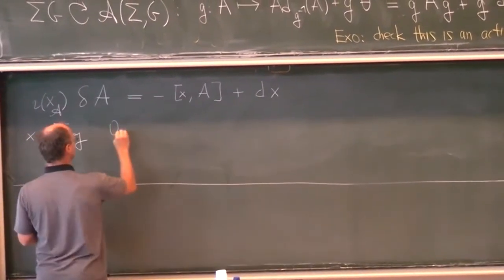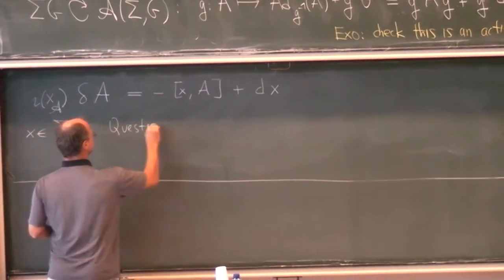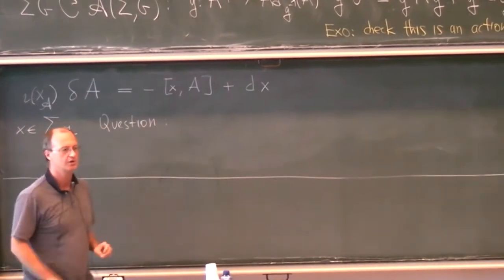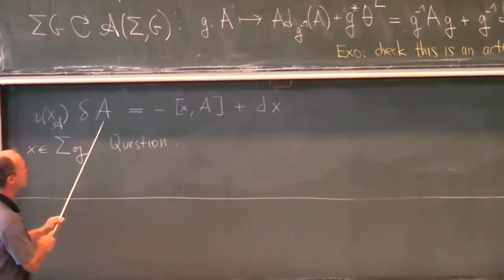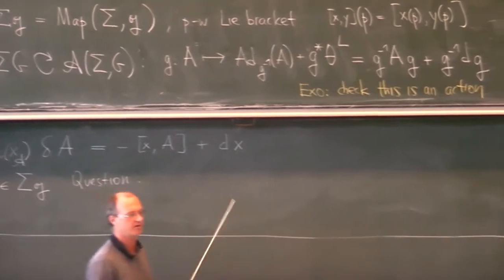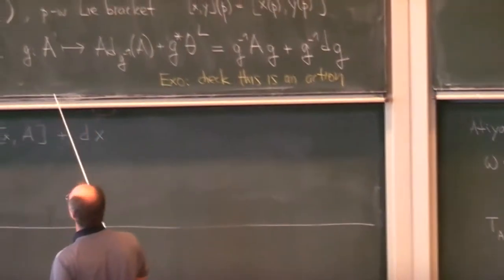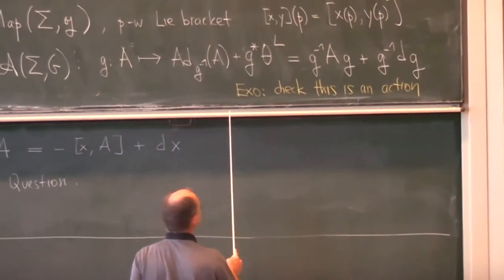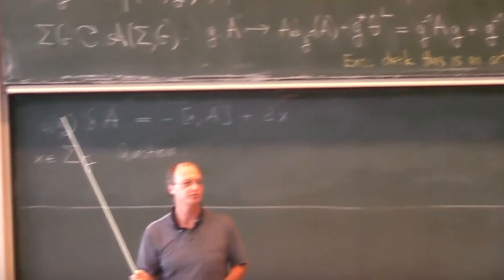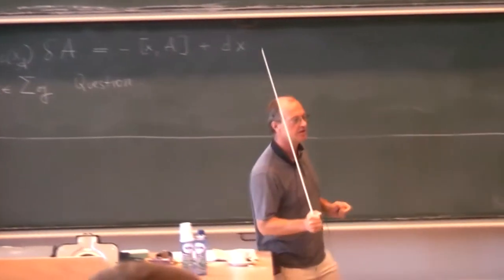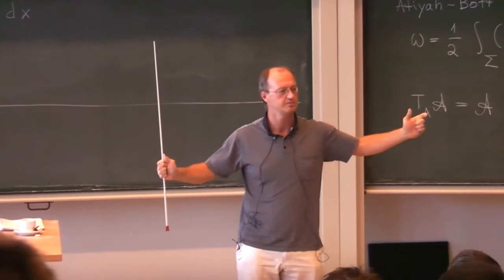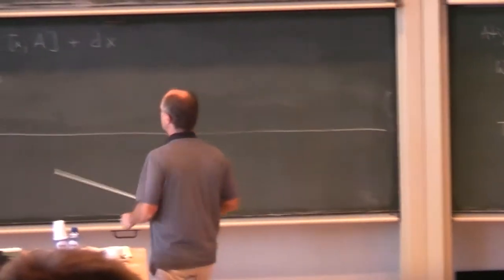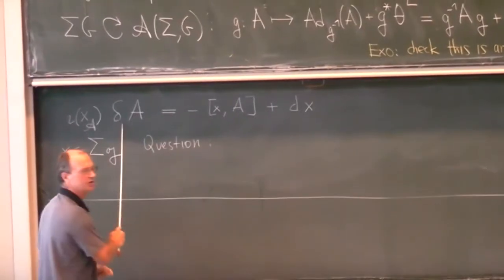Now, a question: what do you mean by delta A there? Delta A, right, so A is an element of my vector space, capital A. I declared, and erased, that delta is the de Rham differential on this vector space. So delta A is the differential of this coordinate function.